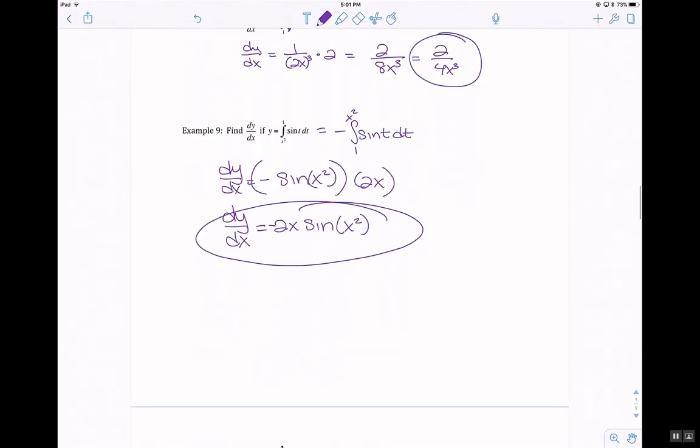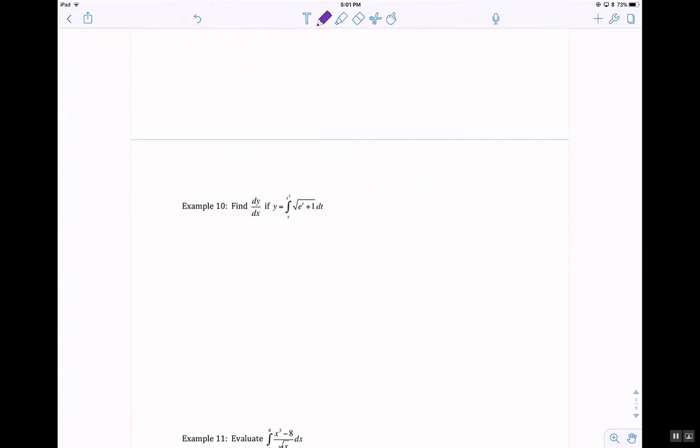10. When you have variables in the top and in the bottom, then you need to pick your favorite number and split the integral. So I'll pick my favorite number as 0. So I'm going to go from 0 to x squared, root e to the t plus 1 dt. And then I'm going to go from x to 0, root e to the t plus 1 dt. Because my x is in the bottom, I have to flip it to make it negative.